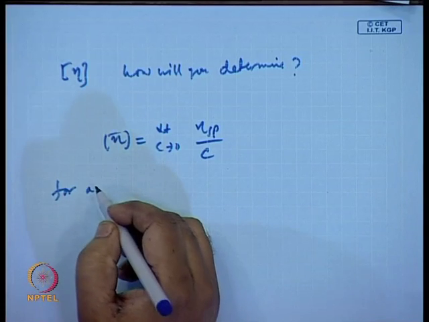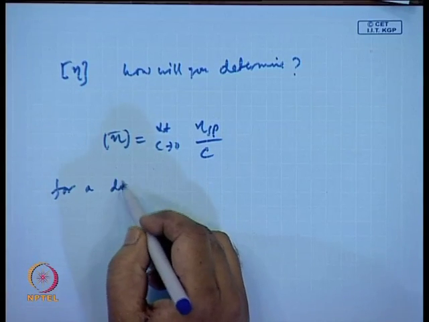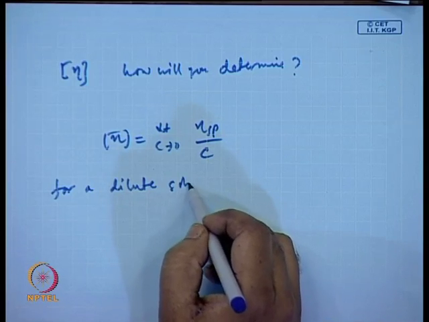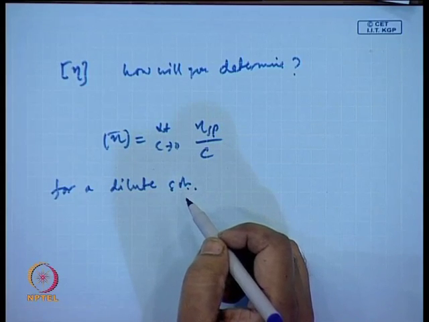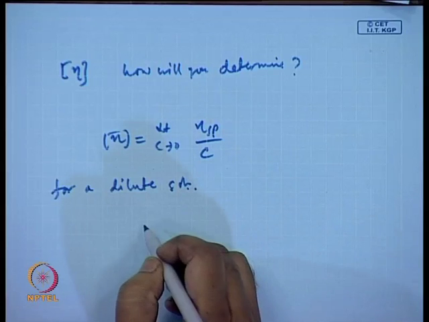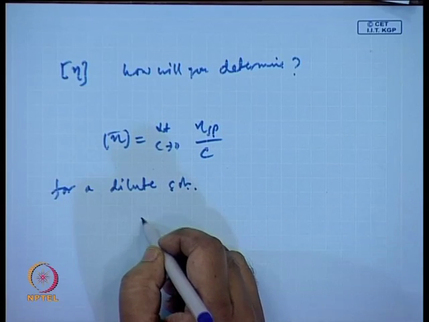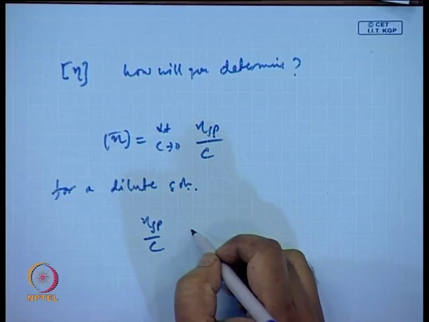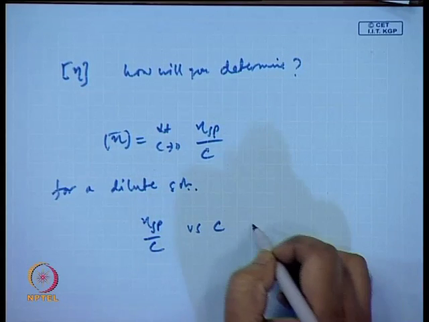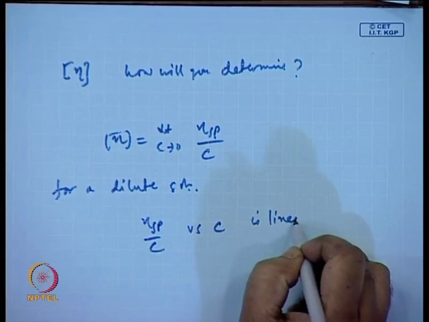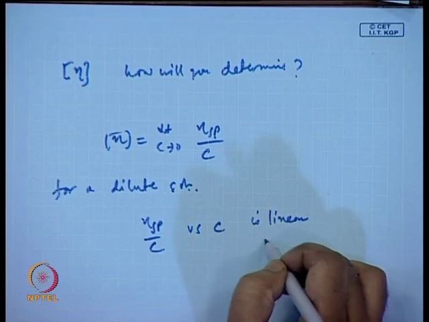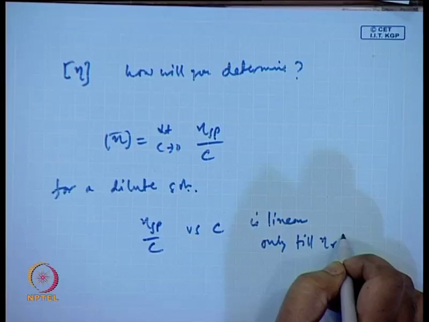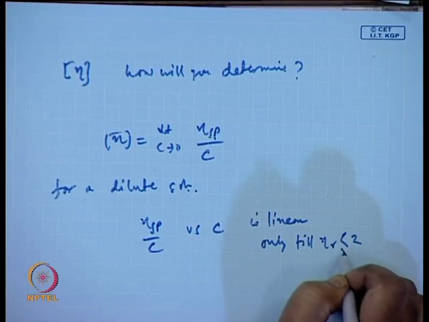Now, for a dilute solution, the plot of eta sp versus C is linear only till your eta r is less than or equal to 2.